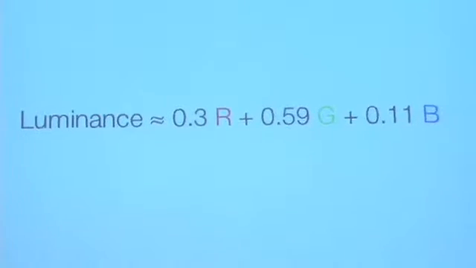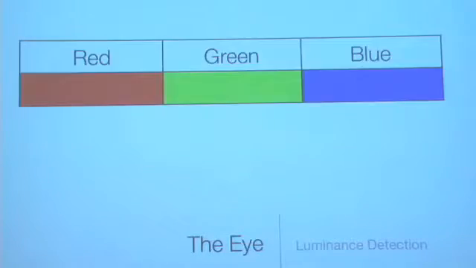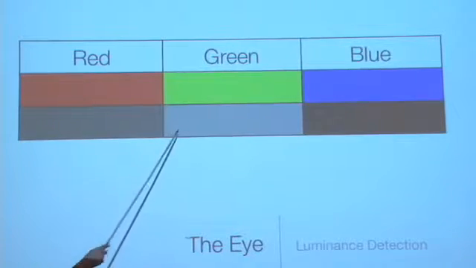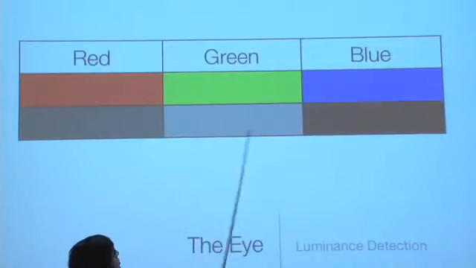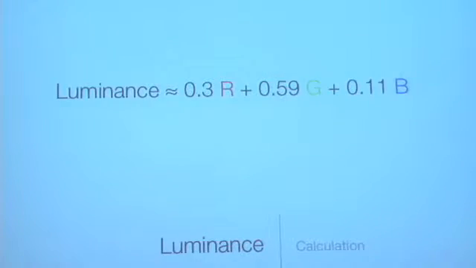So on a scale of 0, which is completely dark, to 100%, which is completely light, this is about how much each of these colors appears to us in brightness. So 60% is green, so the majority of the brightness comes to us from green. Then half of that is red, and then poor old blue over there has the short end of the stick, so to speak. So we can say that green is twice as important as red when we're taking color into account and converting it into black and white.